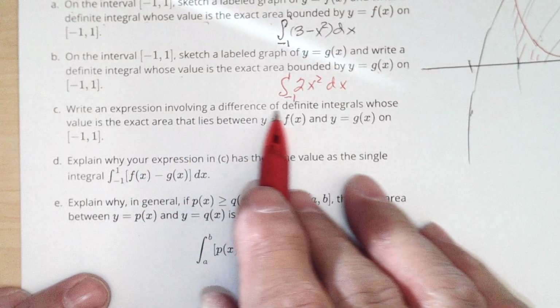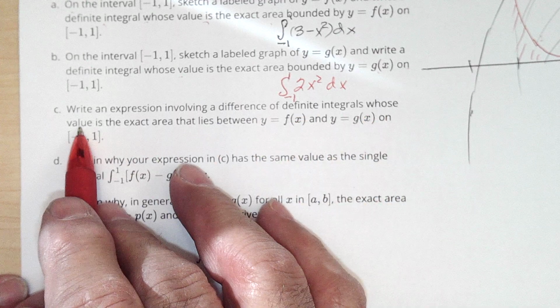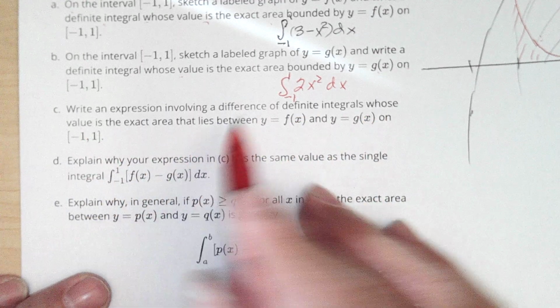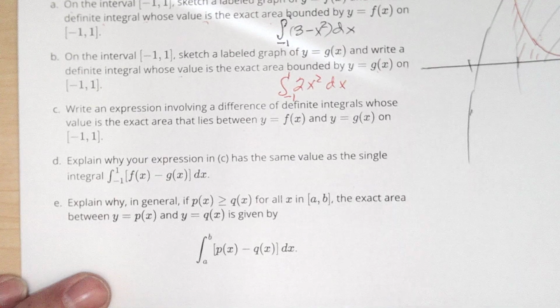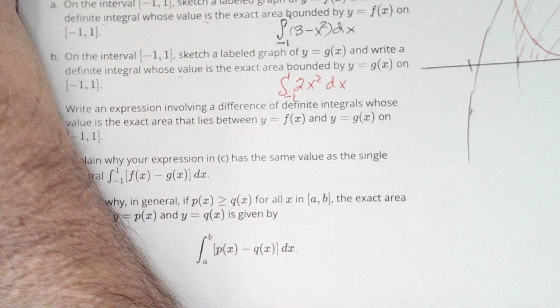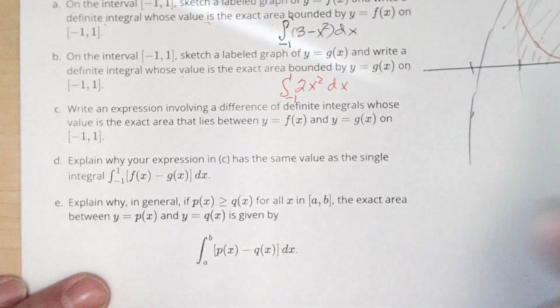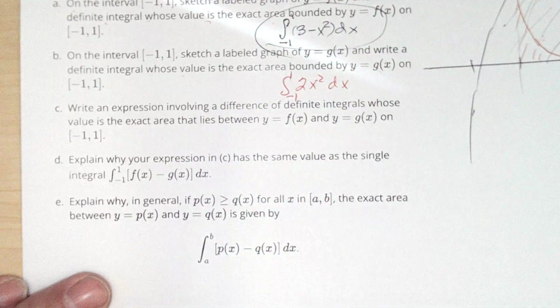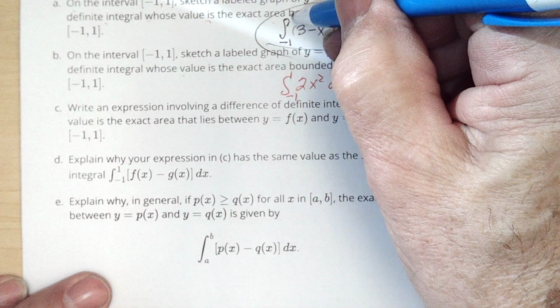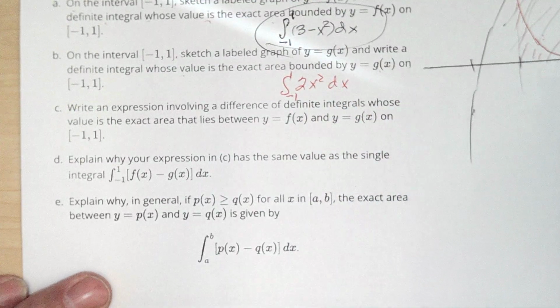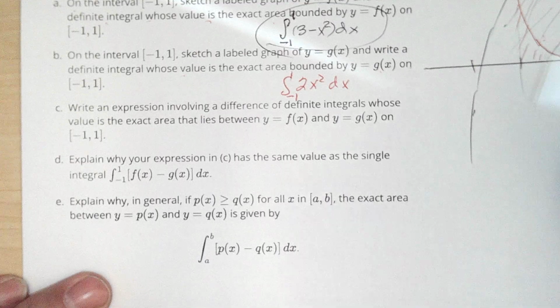Write an expression involving definite integrals whose value is the exact area between these. Well, that would be all the black area here that we had, minus the red area would be the area between them.